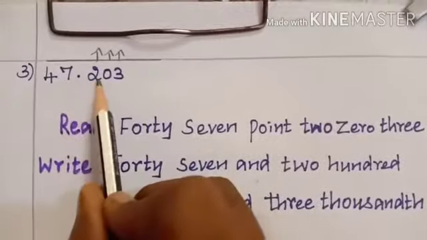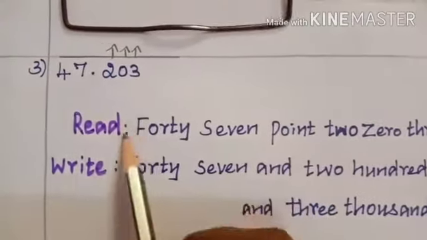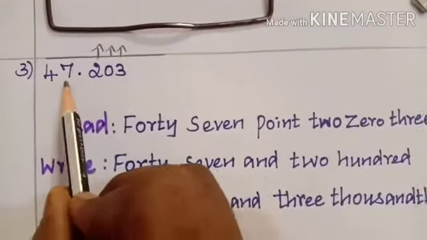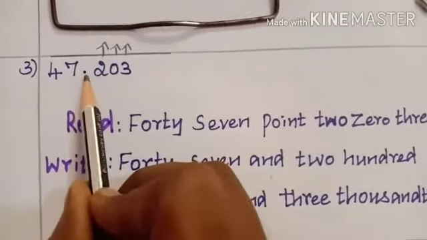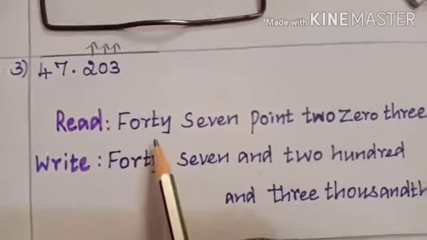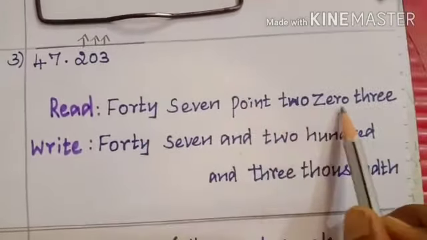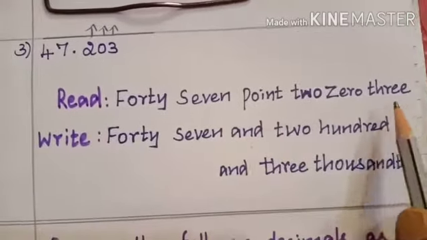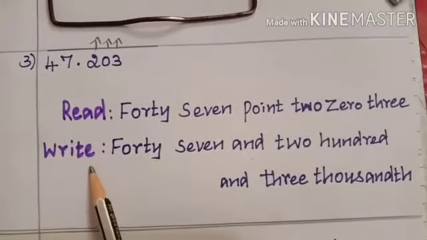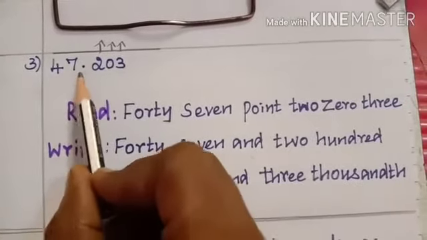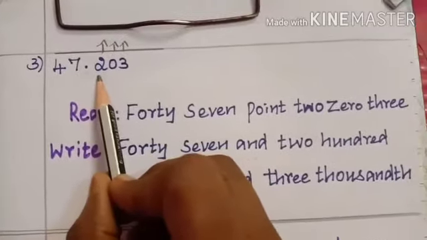Next example, 47.203. How do we read this number? Here the whole number is 47, point, two zero three. How do we write this decimal number? Here 47 is the whole number.